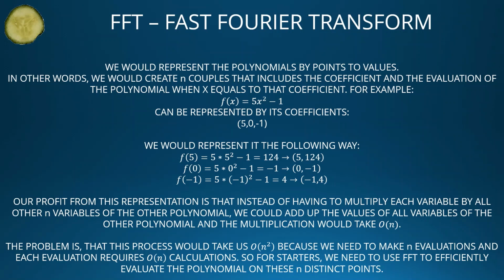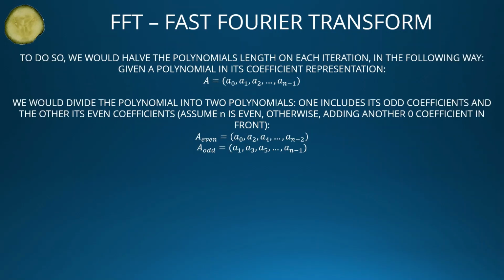So for starters, we need to use the Fast Fourier Transform algorithm to efficiently evaluate the polynomial on these n distinct points. Alrighty, to do so, we would halve the polynomial's length on each iteration in the following way.